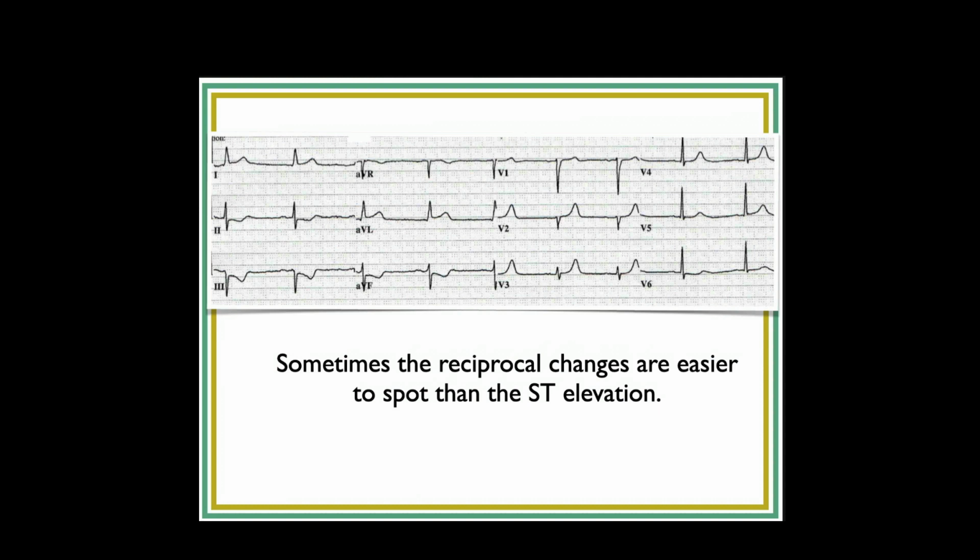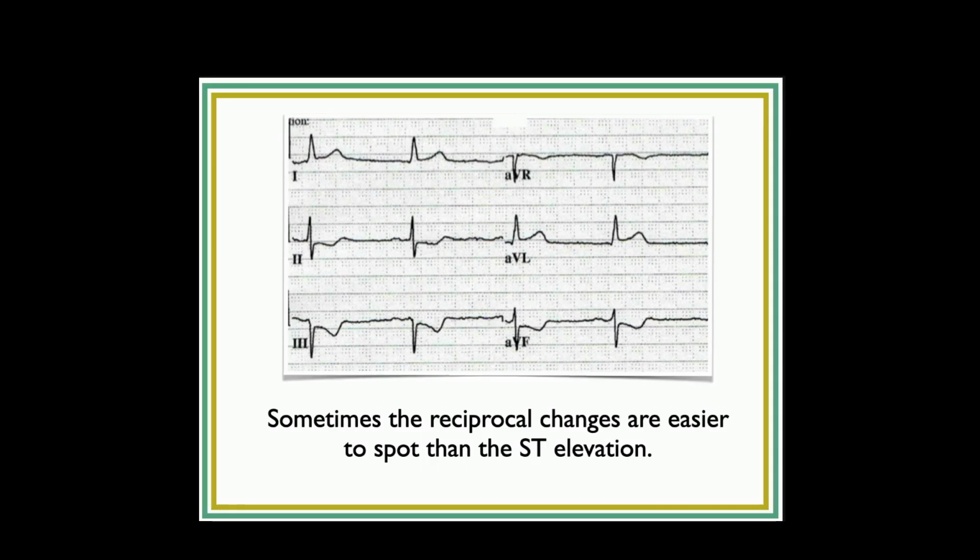In a case like this, if you're just looking at it, you might miss that ST elevation, but the ST depression in 2, 3, and AVF forces you to really consider, is there a high lateral STEMI? It's more obvious. So that's another really good thing. I have a close-up of it here. With a straight edge, you're going to be able to see the ST elevation, but it doesn't jump out at you.